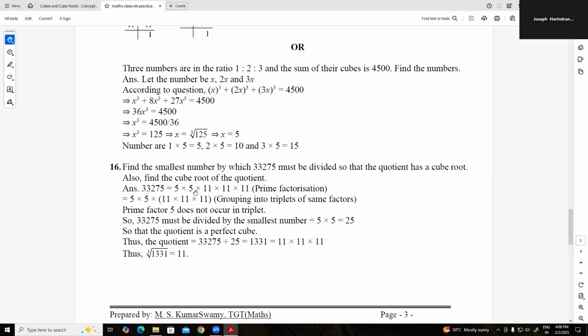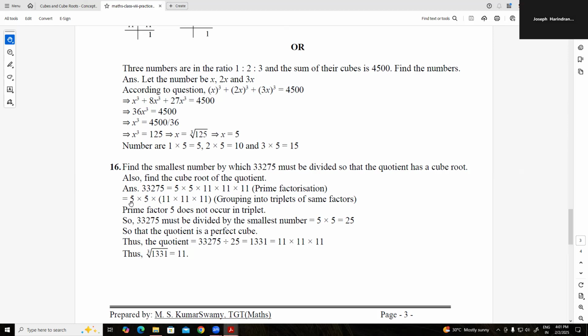So 5 into 5 is already there. So the smallest number by which this number has to be divided is this.